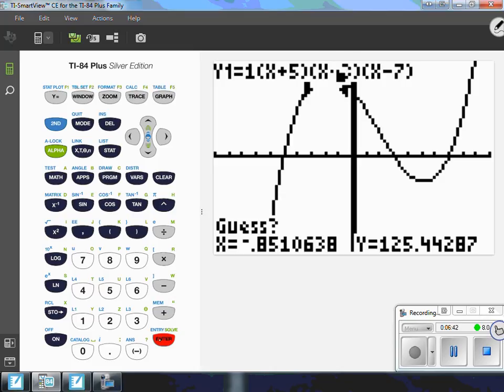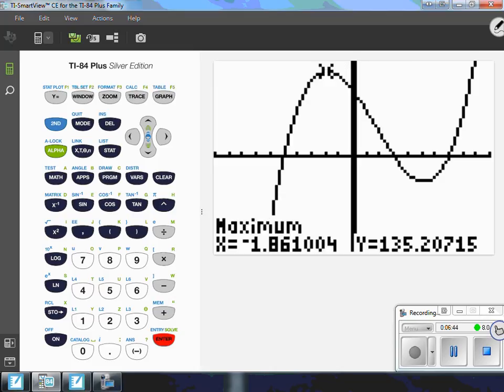Hit enter one more time, and your local max is negative 1.861 and 135.207. Take a minute to write that down right now on your answer sheet.